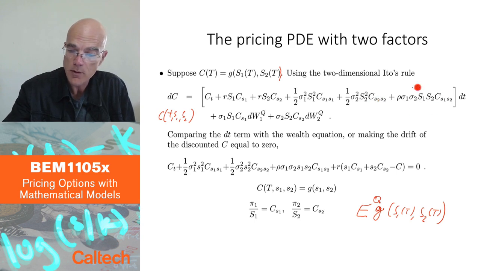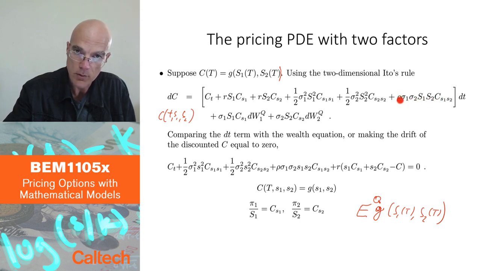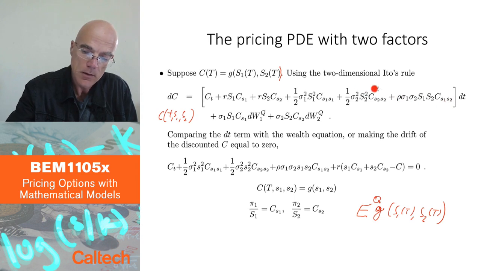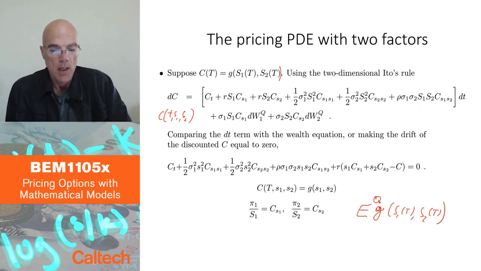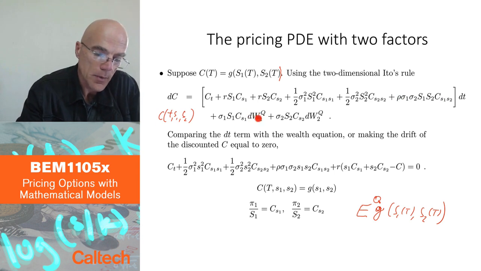But then, because of correlation, you also have the mixed second derivative with respect to S1 and S2 times the volatilities, which is S1 sigma 1 and S2 sigma 2, and then also the correlation. Okay? This is the Ito's rule in this case. And then in the Brownian motion terms, you have first derivatives times sigma 1 S1 and sigma 2 S2.